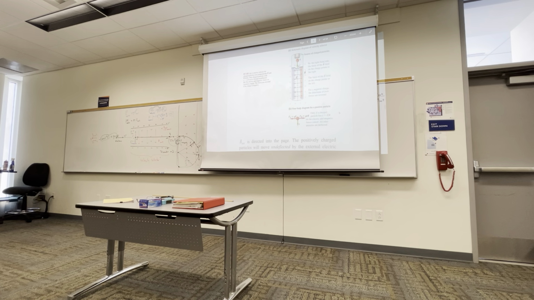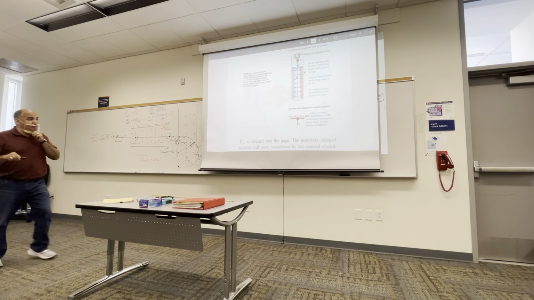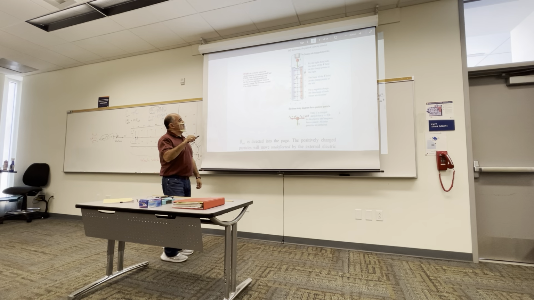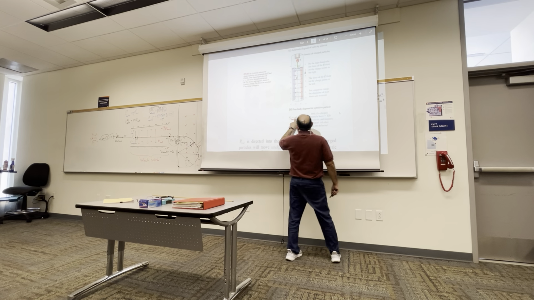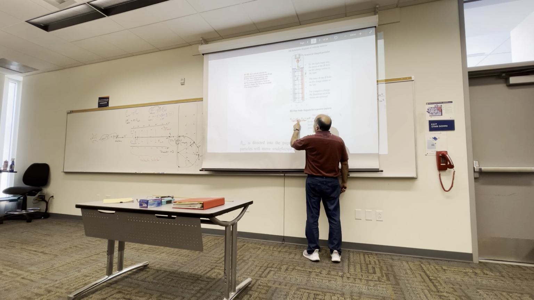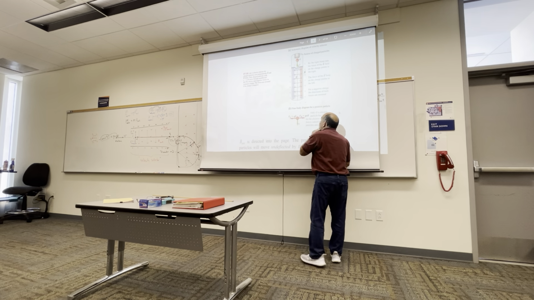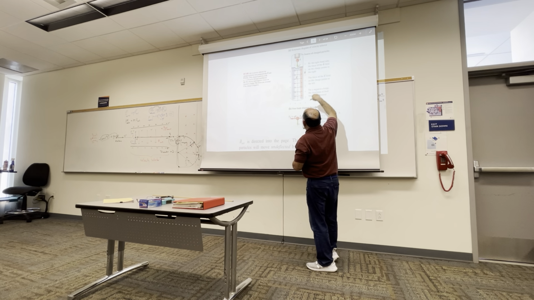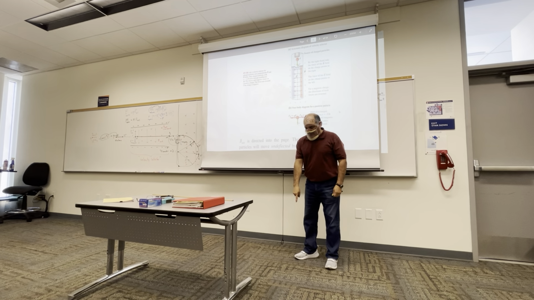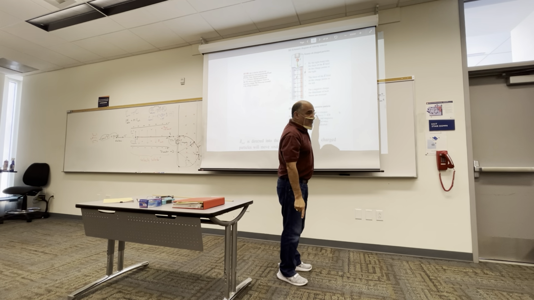In this picture here, these were not electrons, they were positively charged particles, right? So the electric field is to the left. So by this formula over here, the force on the positively charged particle will be in the same direction as the electric field, which is to the left. The velocity is down the screen. So the velocity vector is this way, and the magnetic field is into the board.